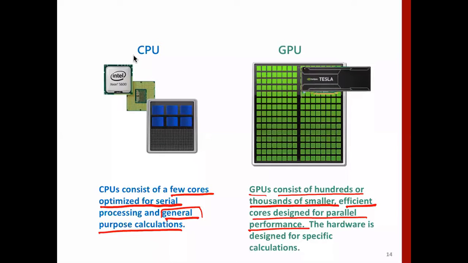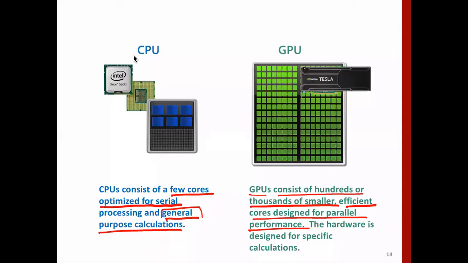Their purpose is parallel processing. It means the tasks which are meant for parallel processing can run over a GPU. For example, you are doing image processing, or when you are playing a video game, gaming requires image processing at very high speed.